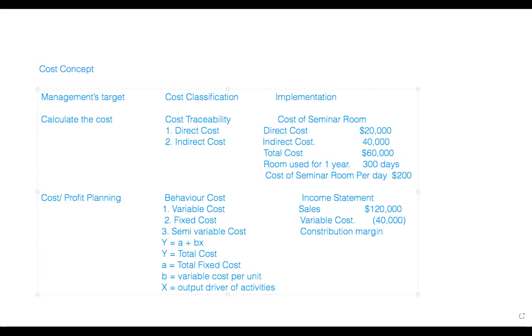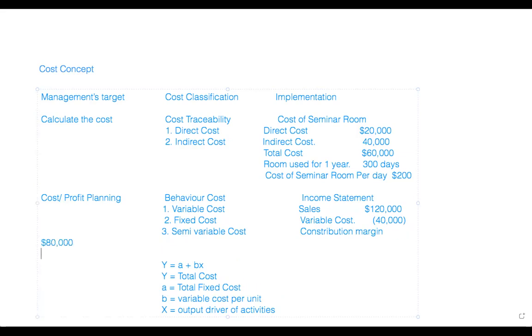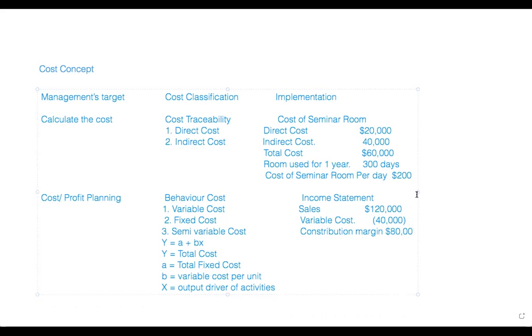After that we deduct the fixed costs, around 60,000, so we get the operating margin.